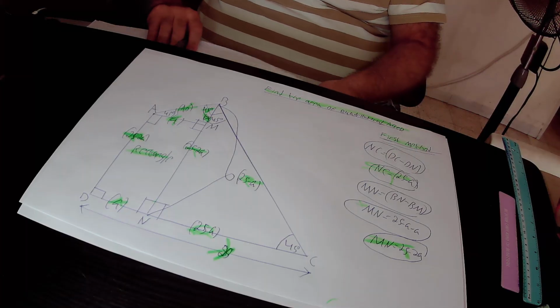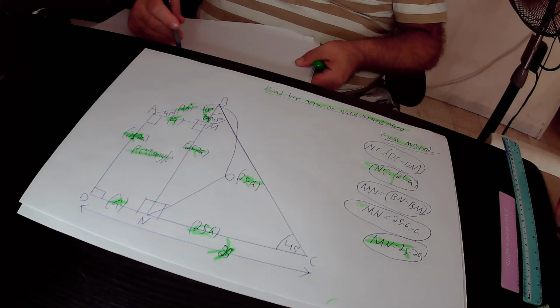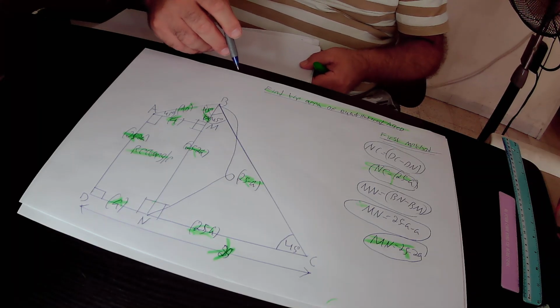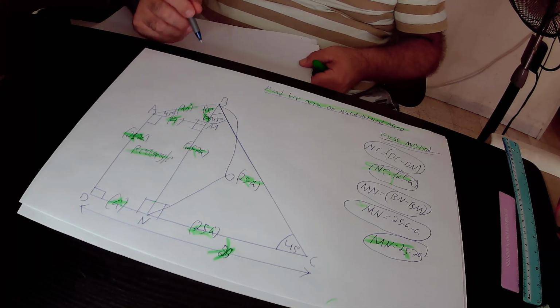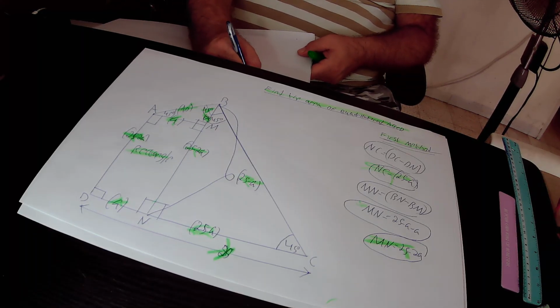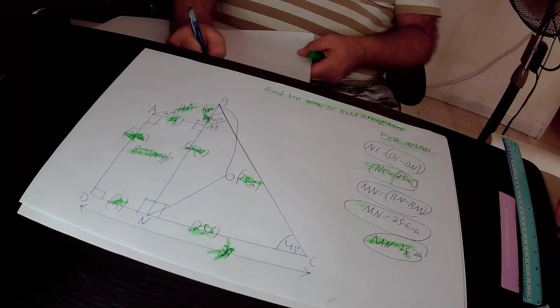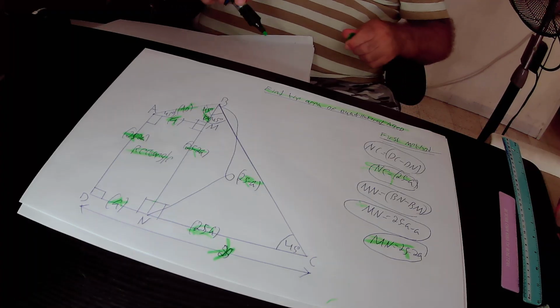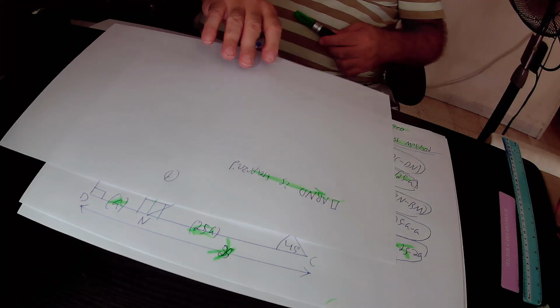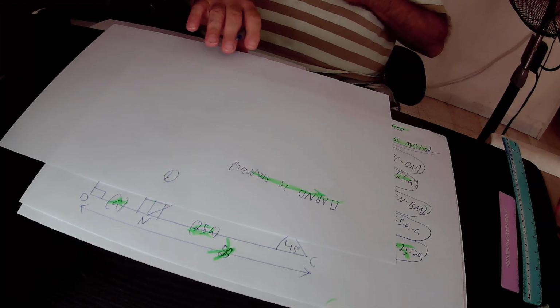It is a trapezoid because it has one pair of parallel sides, that is to say, BN is parallel to AD.